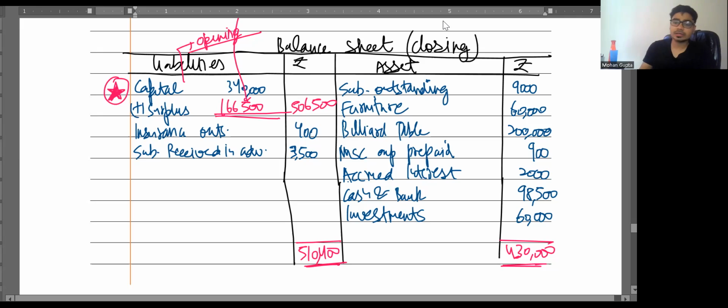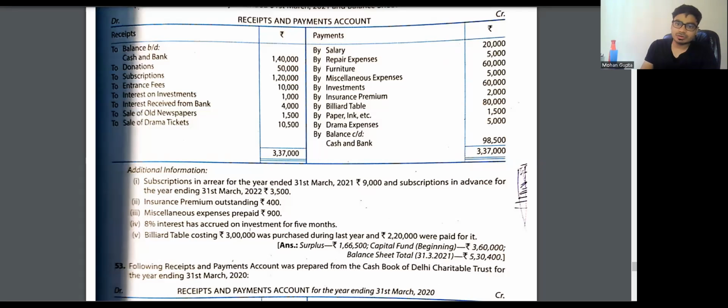Okay, so I was just looking at the question and I think we missed something. We missed this date. These are two different dates. That's why our answer is not matching.